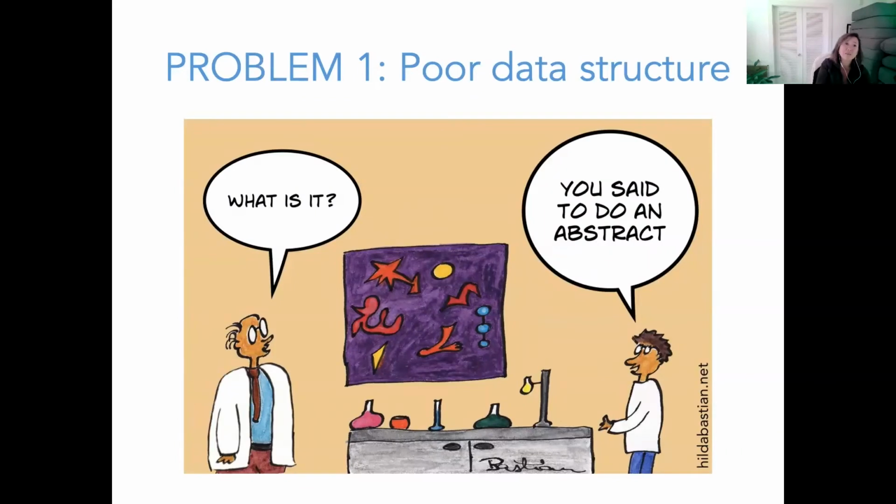So there are a couple problems here. The first is that machine learning algorithms only perform as well as the data that goes into them. So if the abstracts that we feed into Colandr are really vague, or really poorly written, it's going to be more difficult for the algorithms to determine their relevance.